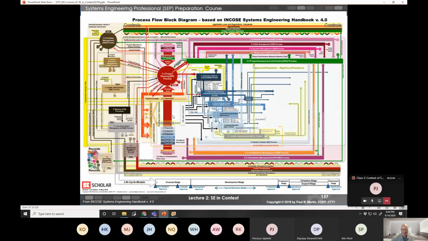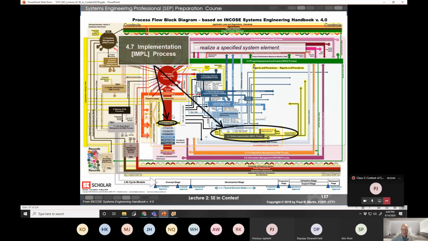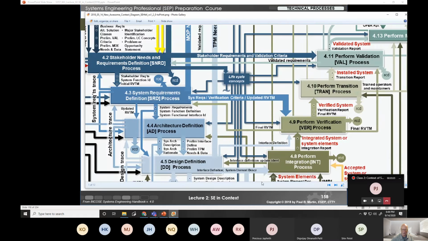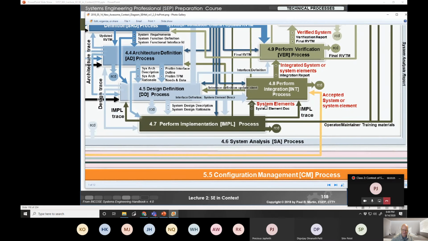After you're done with that, you now have enough information to go ahead and create the actual system elements based on the actual system description and rationale that you've been given. So you actually prepare, perform, and manage the implementation, and your output will actually be these system elements.